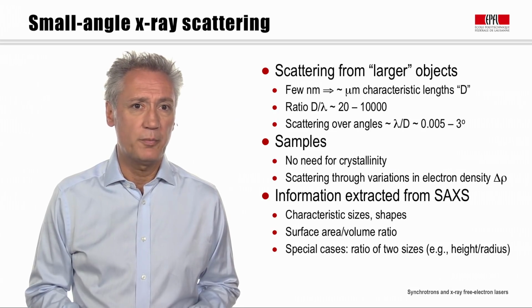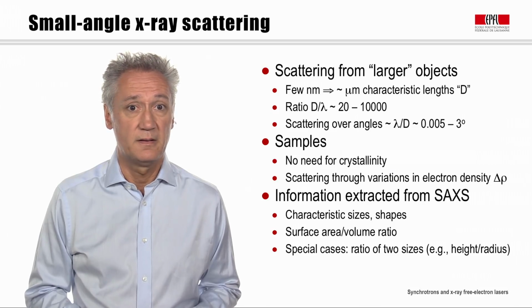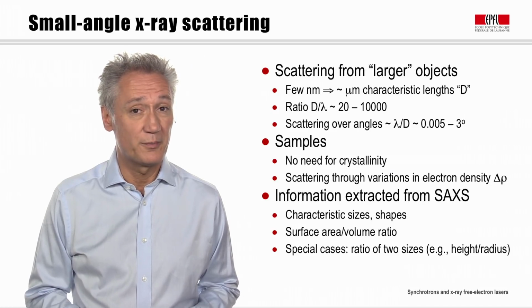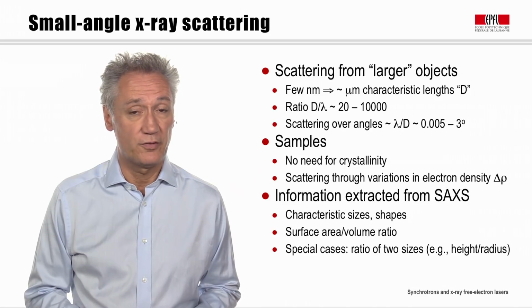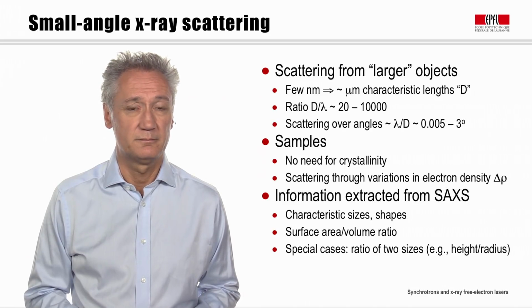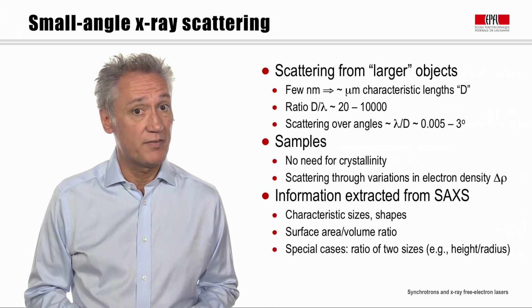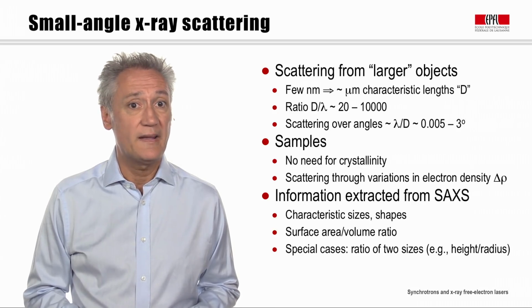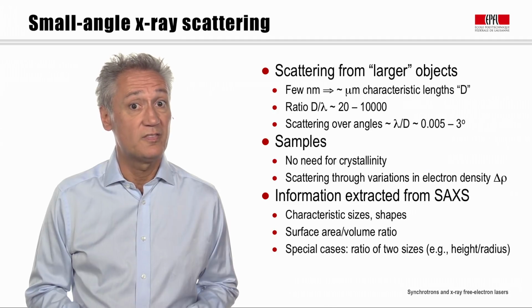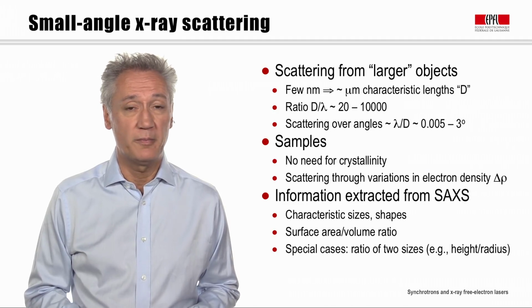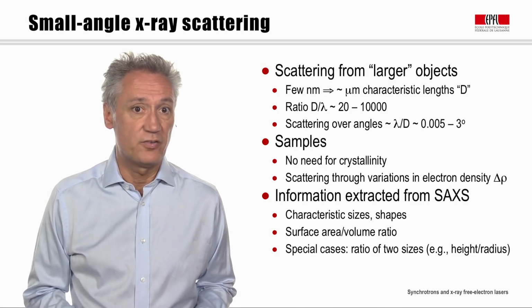Importantly, the samples investigated using SAXS needn't be crystalline, and the large majority of experiments are on non-crystalline samples. Scattering occurs, just as it does in X-ray reflectivity, through electron density variations delta rho, and not from individual atoms, as is the case in diffraction.